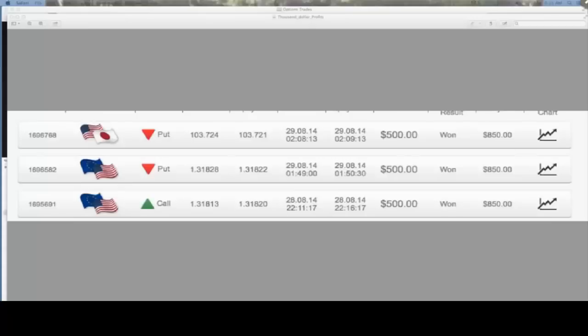He said the value is going to be less than what it is right now in 1 minute. You see that it was 103.724, and then it changed to 103.721 when the market closed exactly 1 minute later. That's 2:08:13, and it closes at 2:09:13. And he basically made $350 in that 1 minute period.